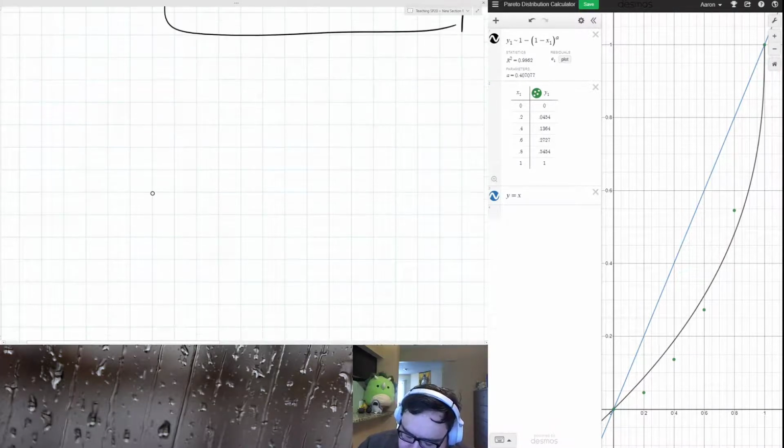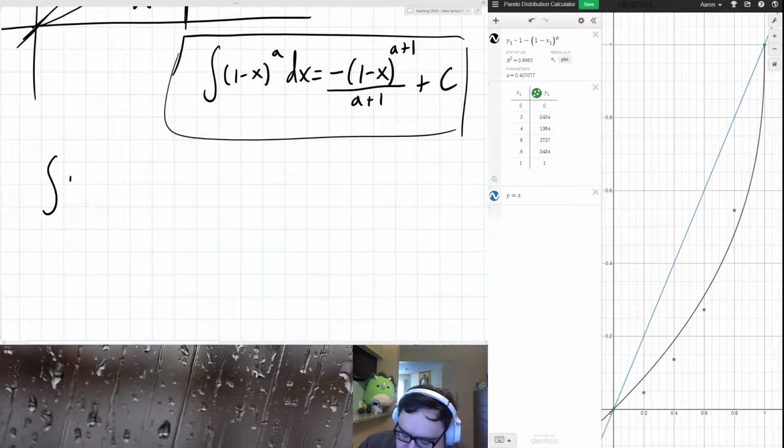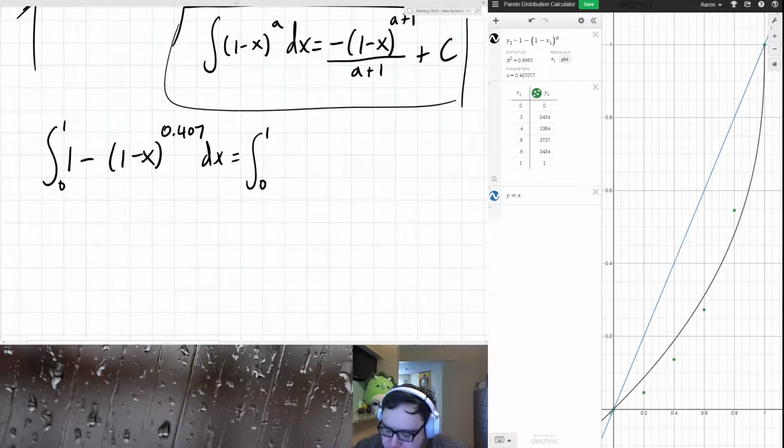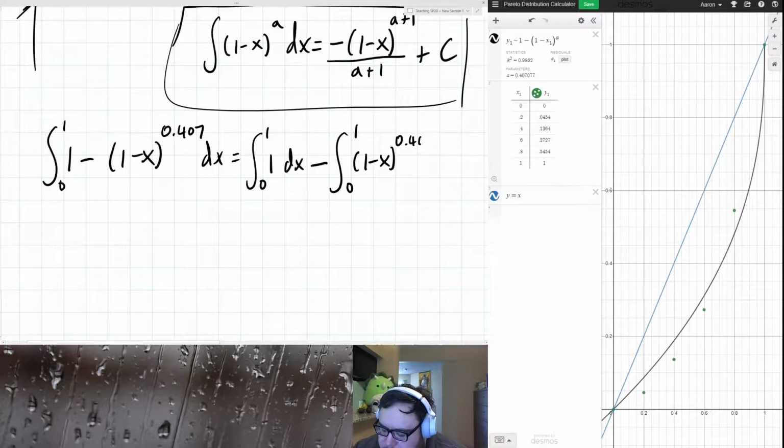So the integral of 1 minus x to the power of 0.407 dx from 0 to 1, we can split into two separate integrals: the integral from 0 to 1 of 1 dx minus the integral from 0 to 1 of 1 minus x to the 0.407 dx.